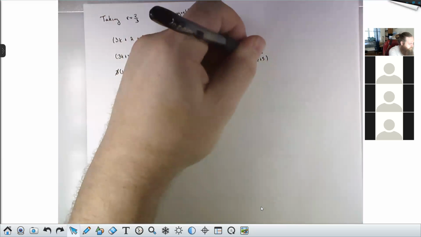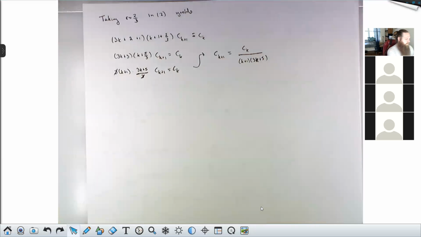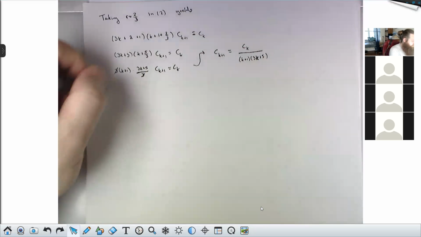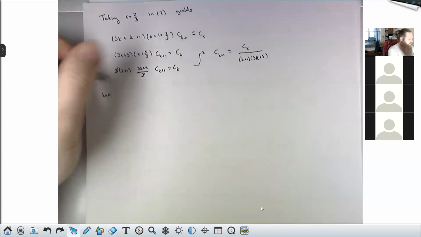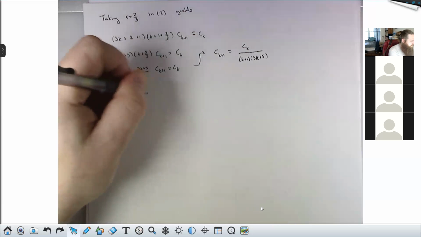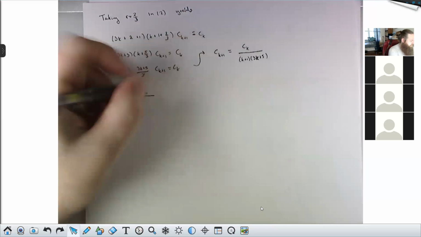So the products downstairs in these are going to be similar to the downstairs products in the other coefficients. And again, we just do the thing, right? So when k is equal to 0, we're going to get C1 equals C0 over 1 times 5.